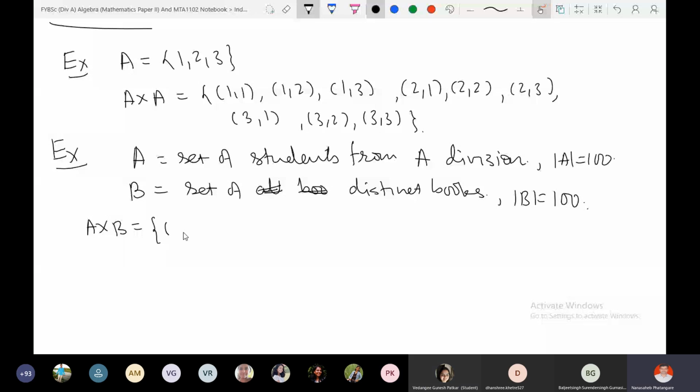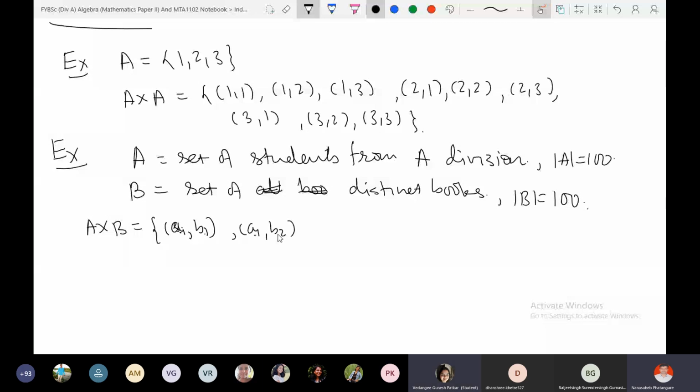Fine. But what are the elements? Student 1 and book 1. I am pairing student 1 with book 1, right? Like that: A1, B1. A1 is a student and B1 is a book. Then A1, B2: A1 is a student and B2 is a book.